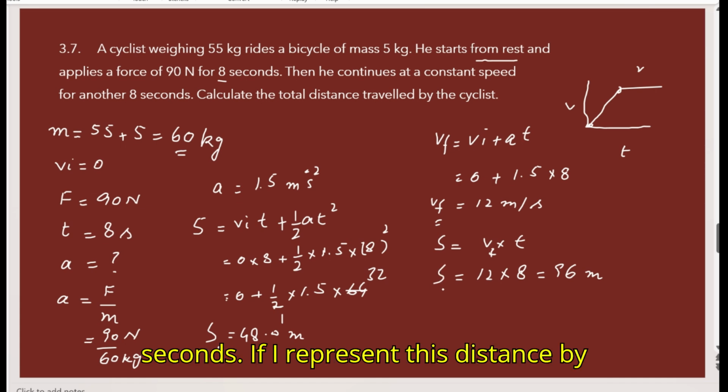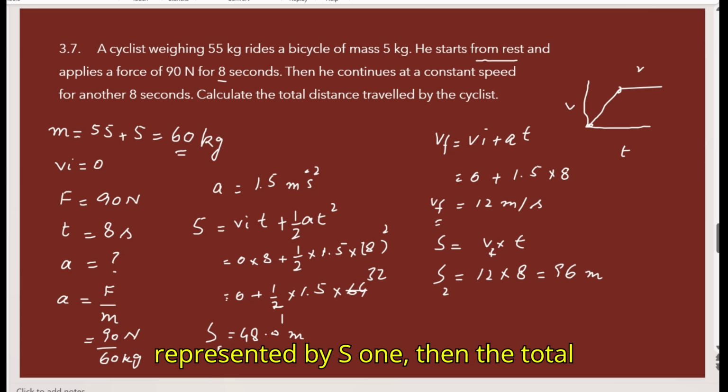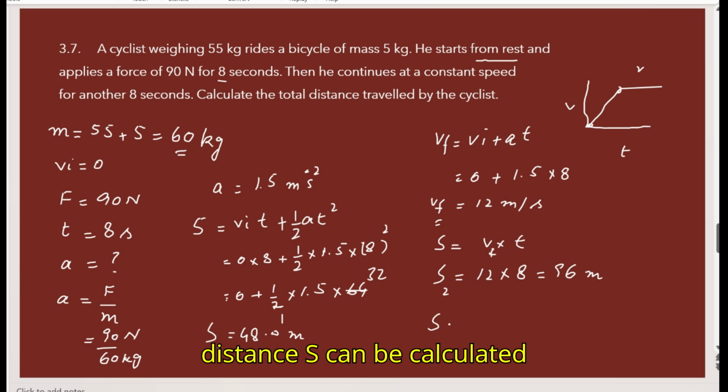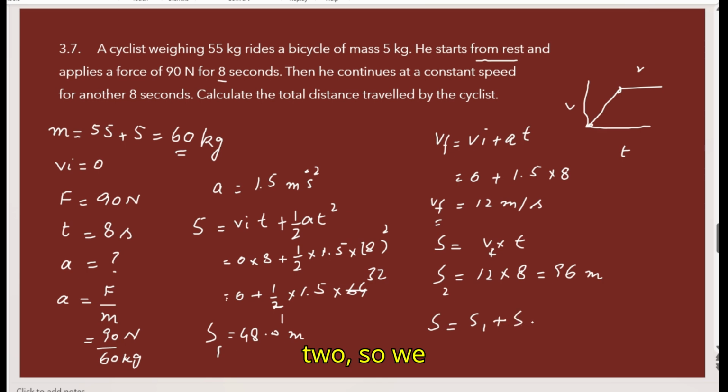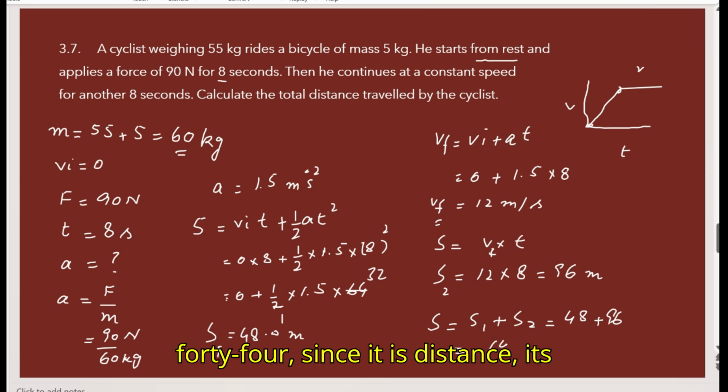If I represent this distance by S2 and this distance was represented by S1, then the total distance S can be calculated by adding S1 and S2. So we write here S1 is 48 and S2 is 96. Then when we add them, they give 144.